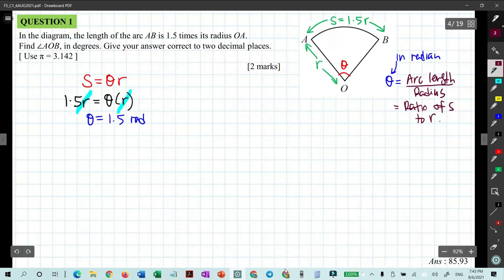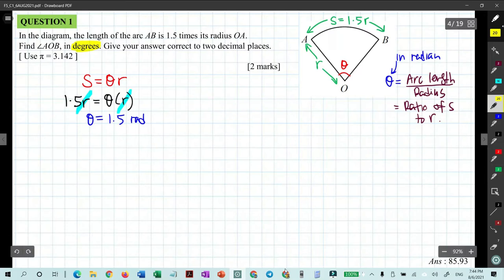When the arc length is 1.5 times the length of the radius, from there you can straight away get the value of theta. There's one more thing that you have to do. If you read the question, you are required to give the answer in degrees. Why? Because they say the angle AOB is in degrees.